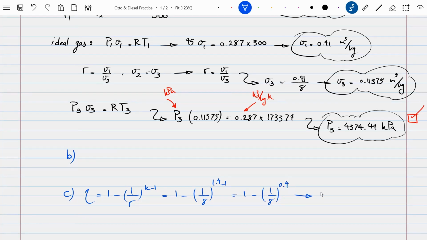Using a calculator, one can easily see that the efficiency is 0.565, or 56.5%.